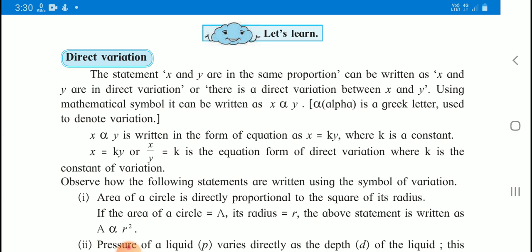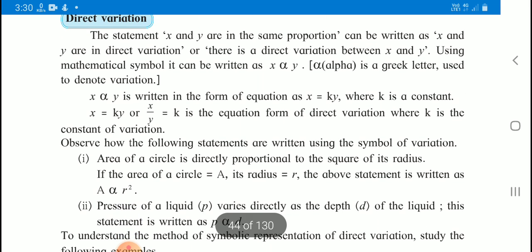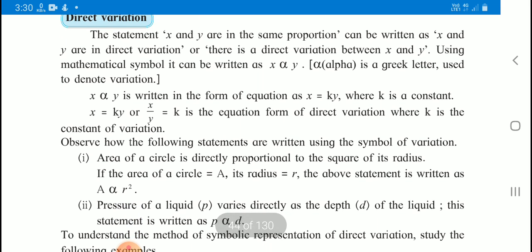The statement x and y are in the same proportion can be written as x and y are in direct variation, or there is a direct variation between x and y. Using a mathematical symbol, it can be written as x is proportional to y.